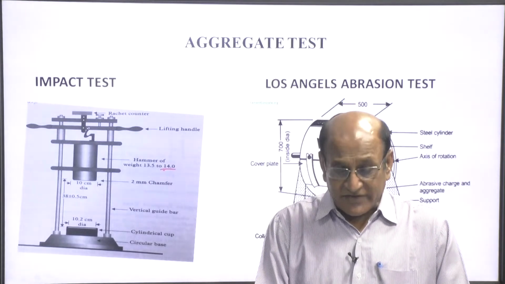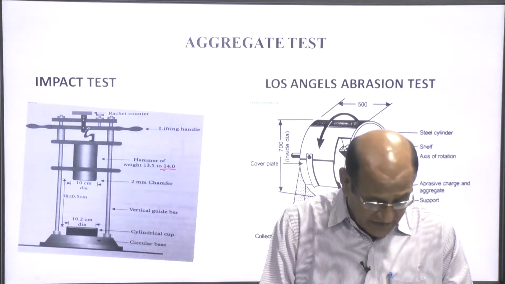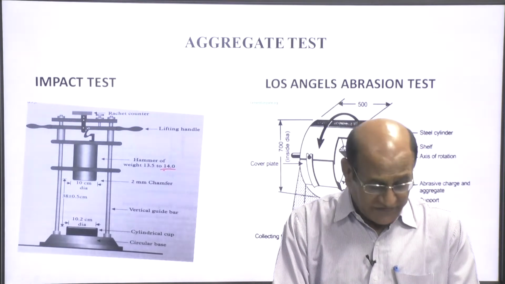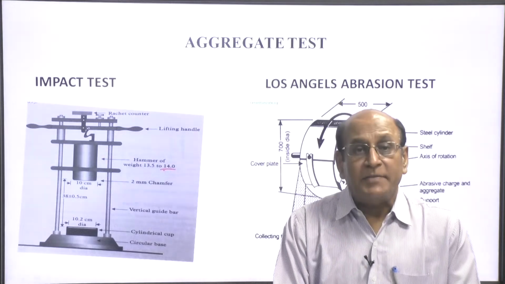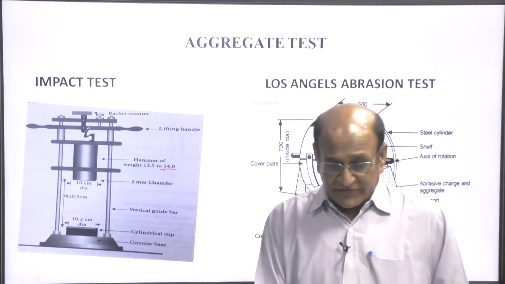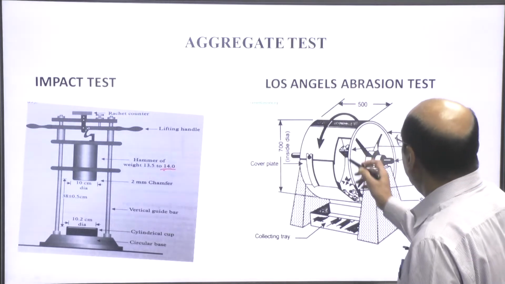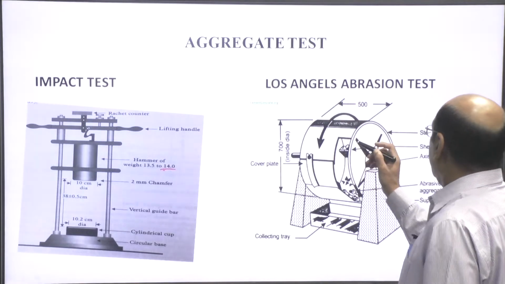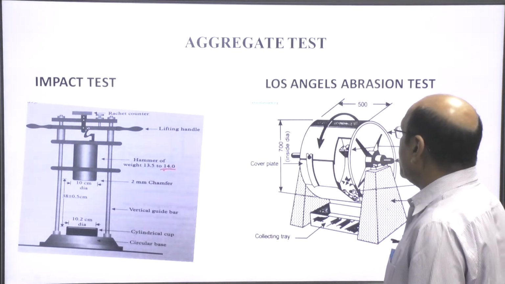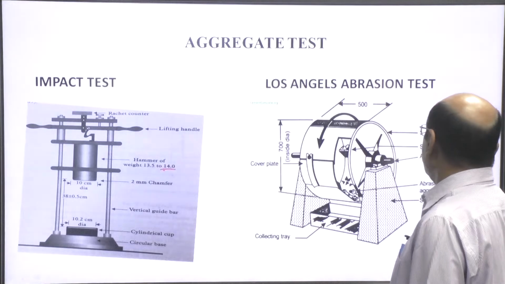So, this should be tested by three methods. One is the Los Angeles abrasion test, then the Deval abrasion test and the Dorry abrasion test. We will discuss the Los Angeles abrasion test. Here there is a hollow steel cylinder having 70 centimeter diameter, and width is 50 centimeter.